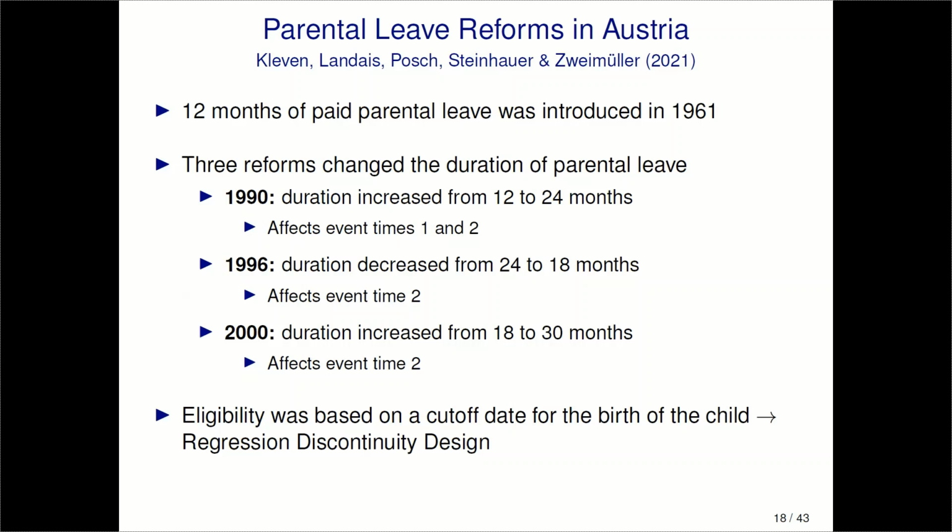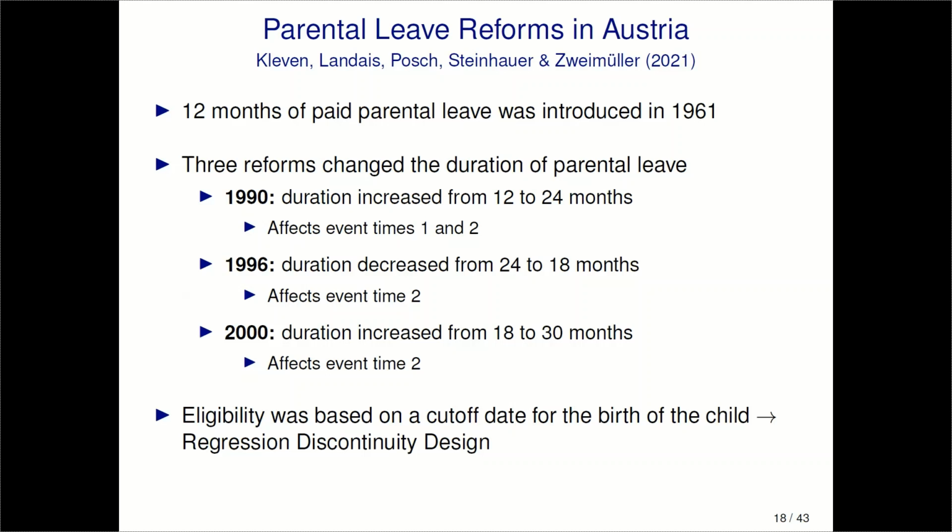So for example, if on average people have their kid in the middle of that year, then, in event time measured in months, they're going to have 6 event months in year 0. And then they're going to go from 6 to 18 in year 1 and from 18 to 30 in year 2. So when you expand parental leave from 12 to 24, you're treating event times 1 and 2.